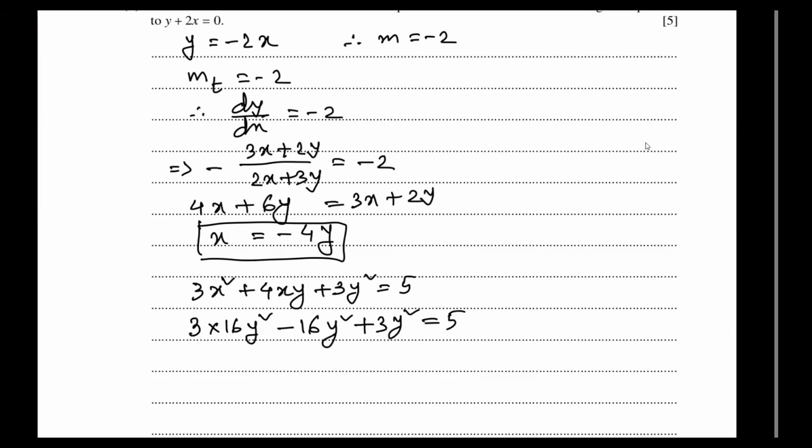So 48 plus 3, 51, minus 16, 35. 35y square equals 5.